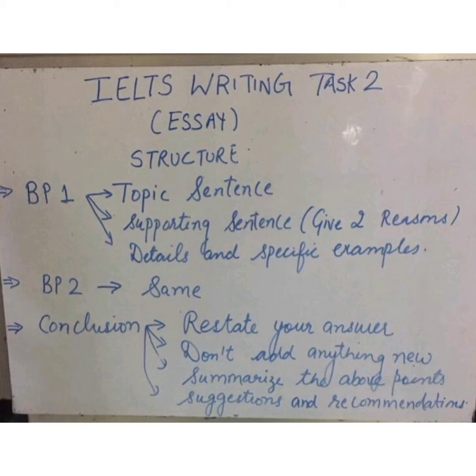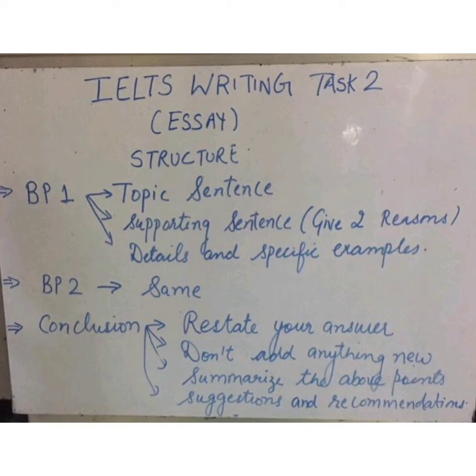How? Take one point, prove that point, and then give the result of that point. You should switch to the second point only if your first point is clear. So write 3 points in your first BP, not more than 3.